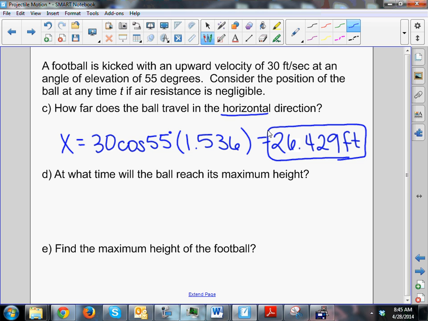All right. At what time will the ball reach its maximum height? The vertex. Now, I heard somebody else say the total time divided by 2. The vertex will work for you every single time. Why is it okay to cut our total time in half?